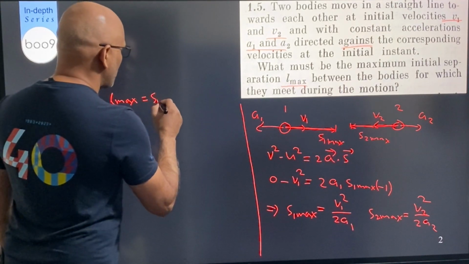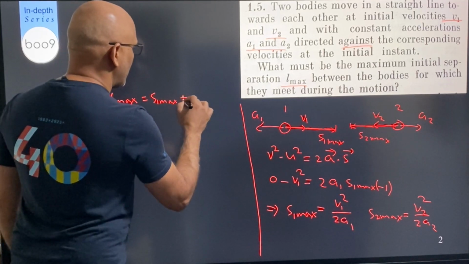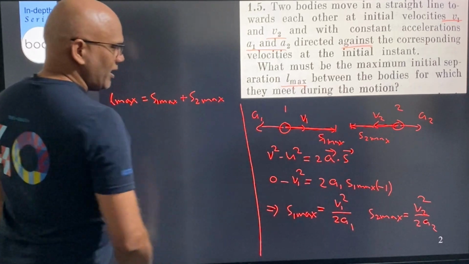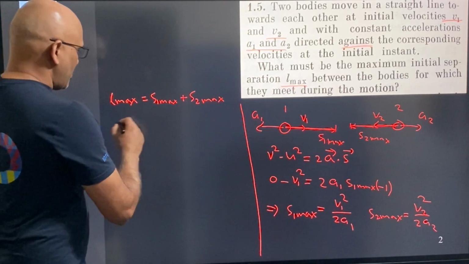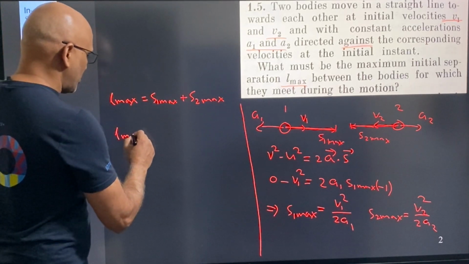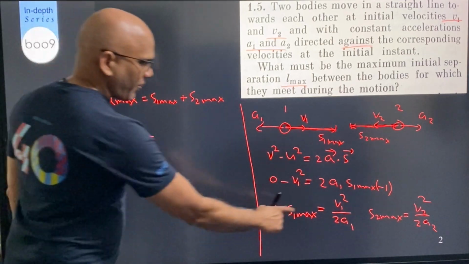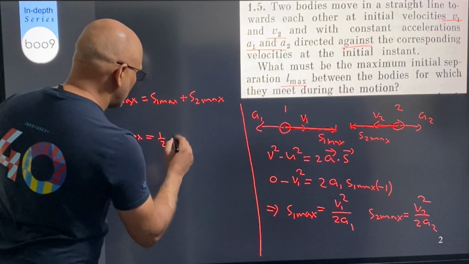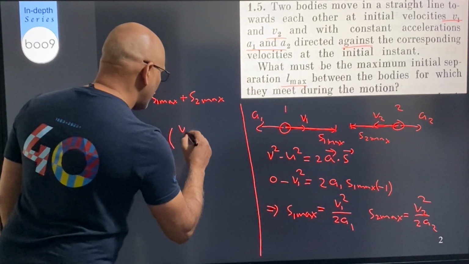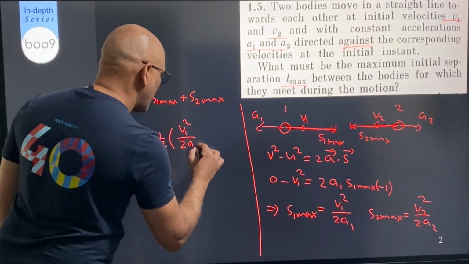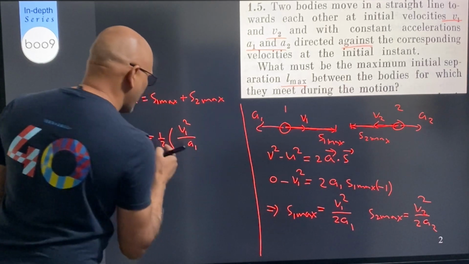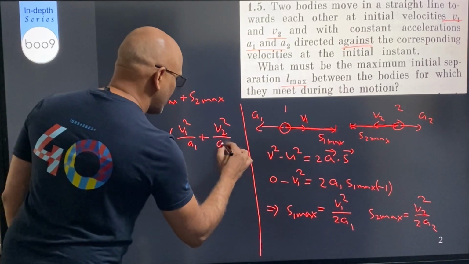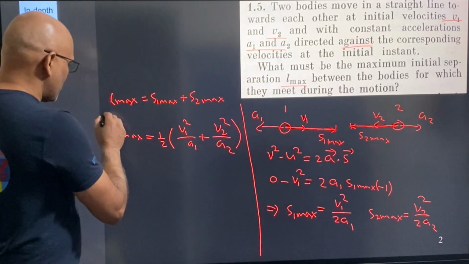So this is going to be S1 max plus S2 max. Now if I substitute, L max is going to be this plus this, and I'll take half common. This is v1 squared by a1, actually I already took half here, plus v2 squared by a2, right? So this is what I get.